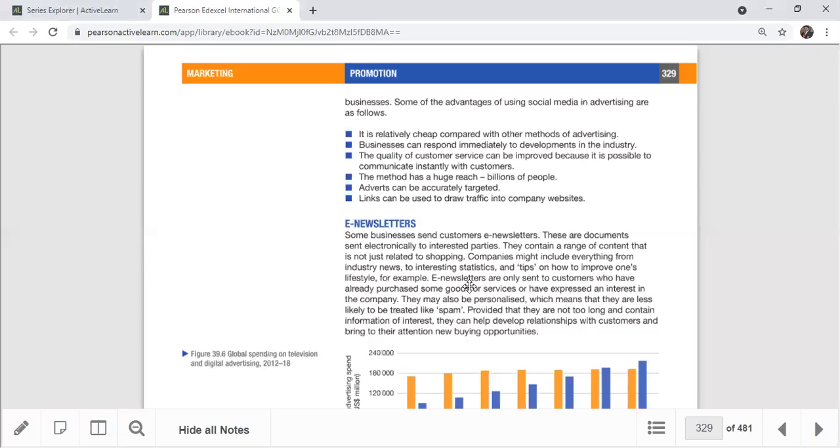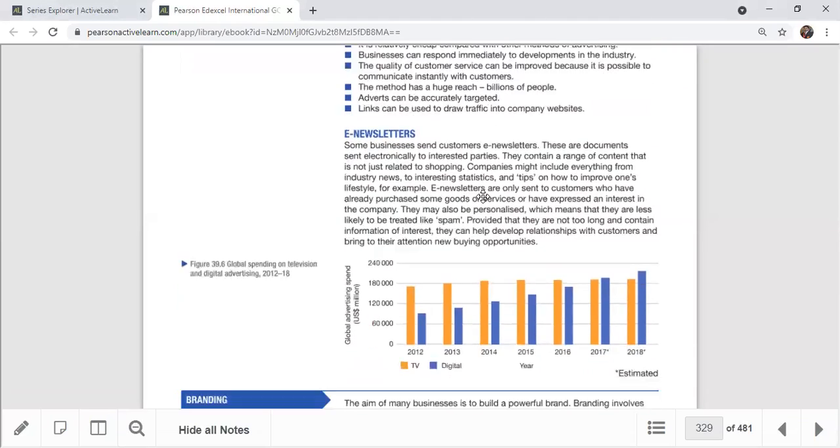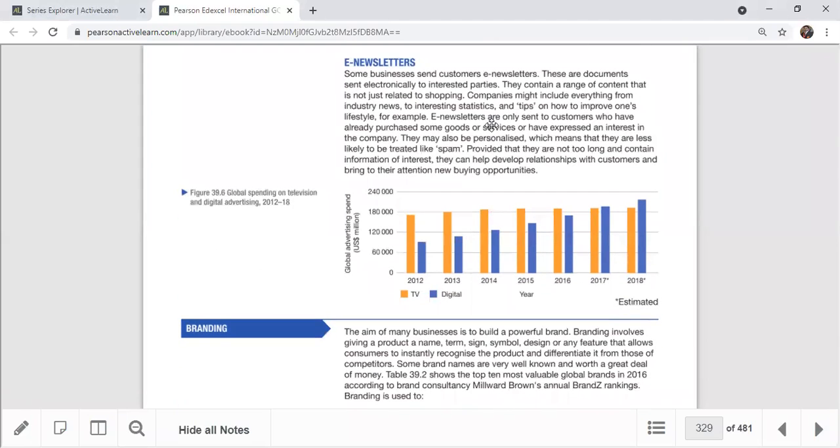The other method of digital advertising is the e-newsletter. Sometimes you might get emails like an e-newsletter. School magazines are also like that. This time we are spreading digitally. We can collect the hard copy somewhere at the end of the term when the new term comes, right? But without the hard copy, you can spread a soft copy.